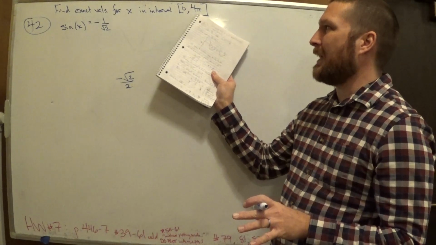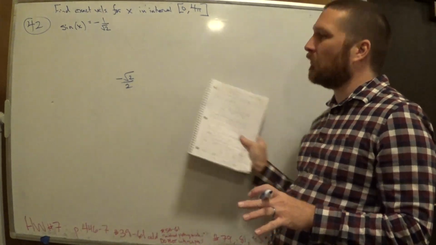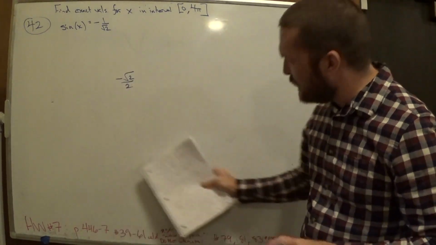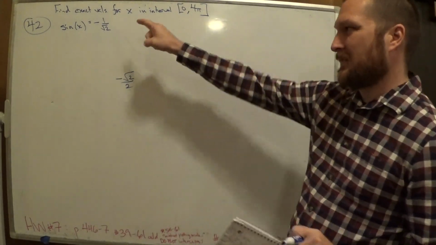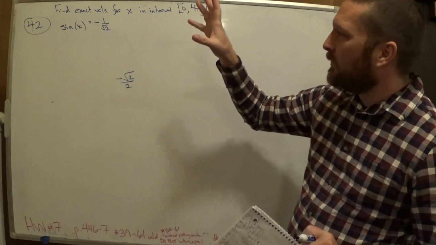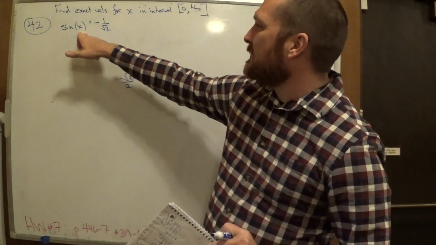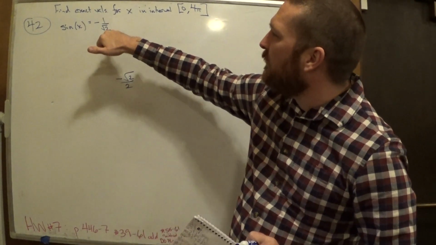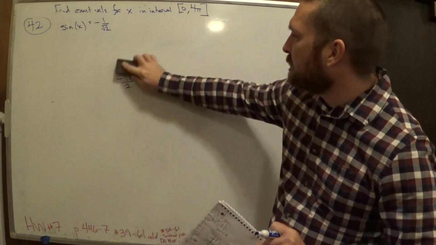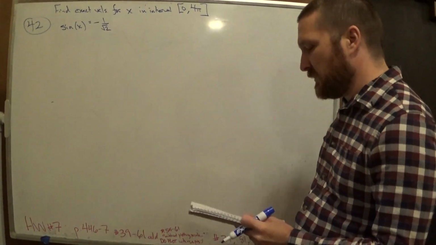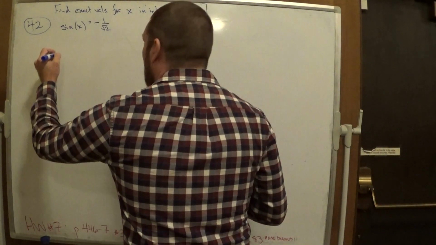We're talking about wrapping around the unit circle 2 full times, once and then twice. So the unit circle is not the best way of thinking about this kind of thing. So we're thinking about what inputs are going to give me negative 1 over root 2 as an output for the function sine. The best way of doing this is to draw a graph.